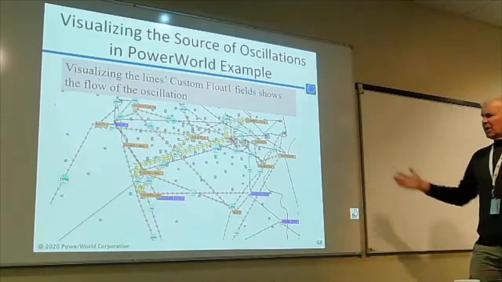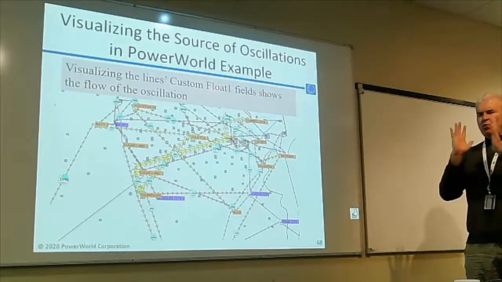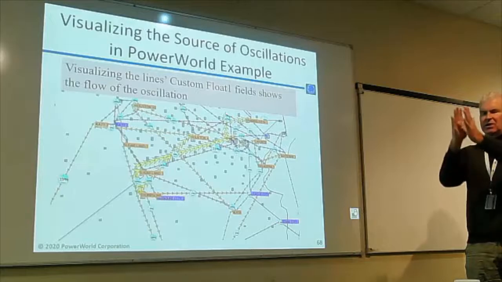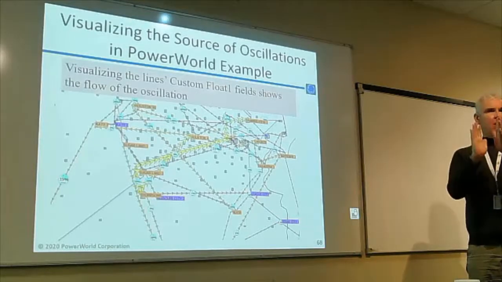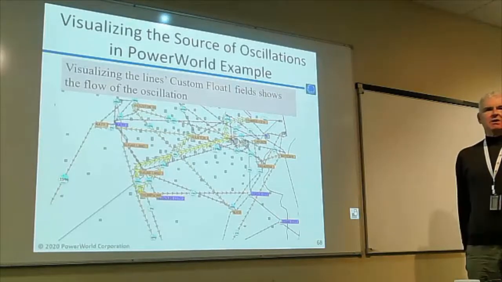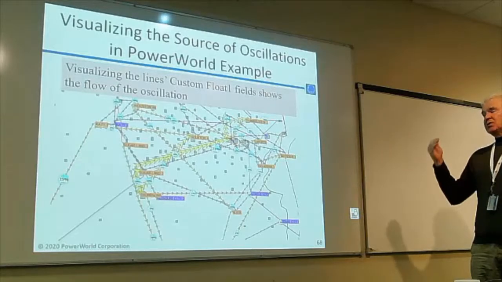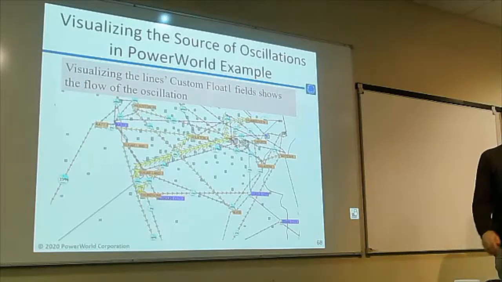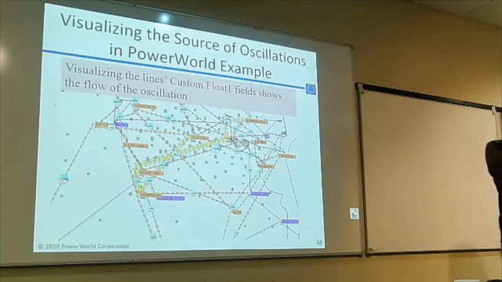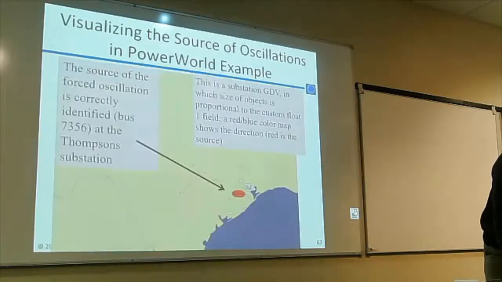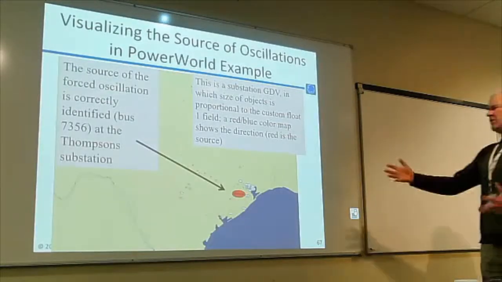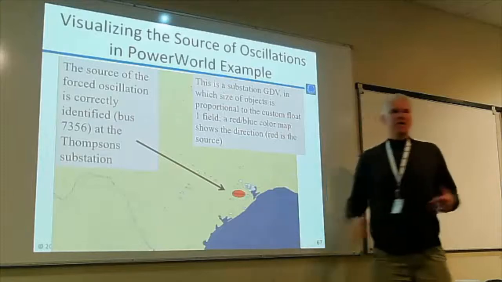Then we calculate those values and say which substation is producing the most modal power, and where it is being absorbed. The one that's producing the most is the source of the oscillation. And then I can visualize it with the GDV.